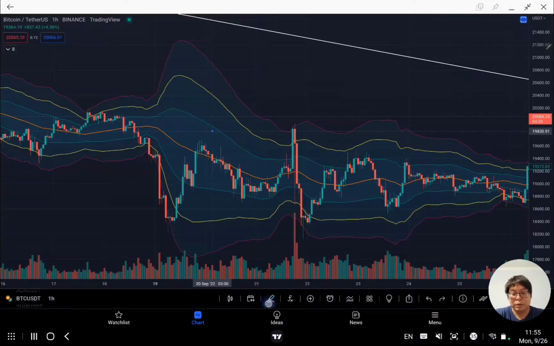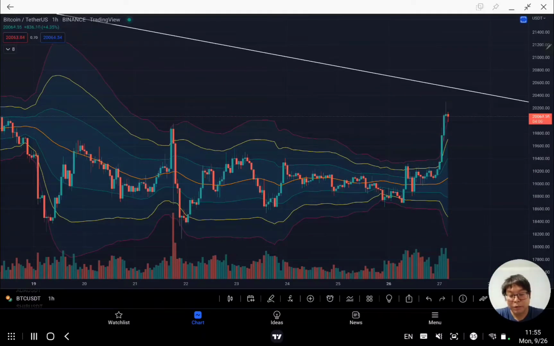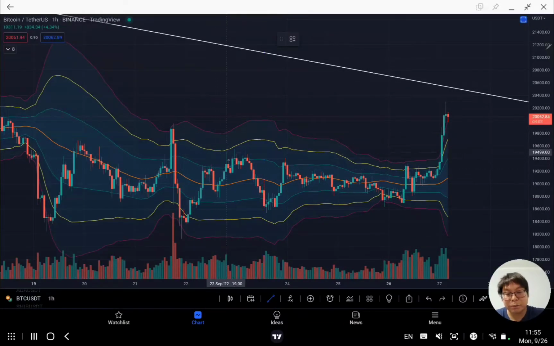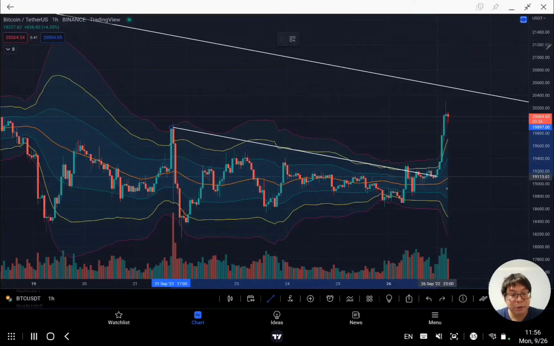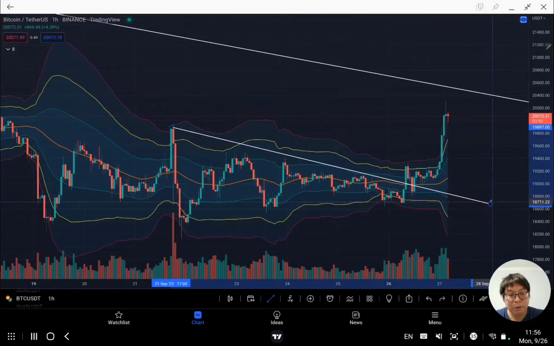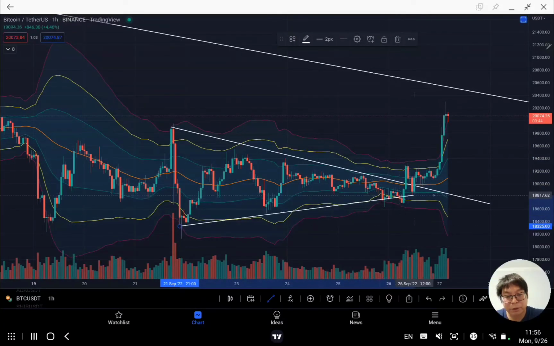What we actually have is this symmetrical triangle that I see, right? If we could draw it, probably most likely draw it here all the way to here, right? And then here, actually, that's a better touch point right there to there.